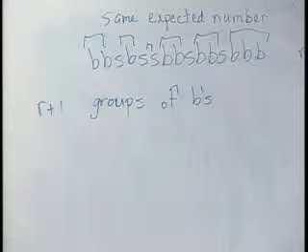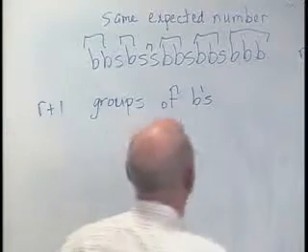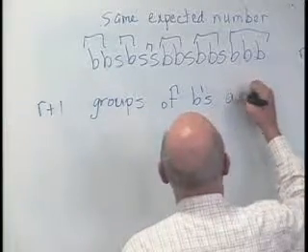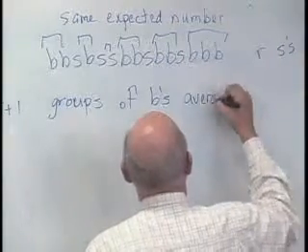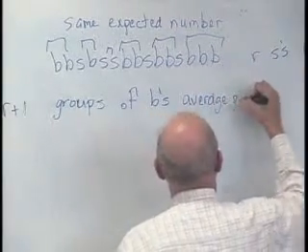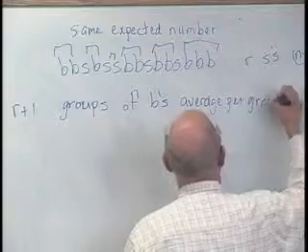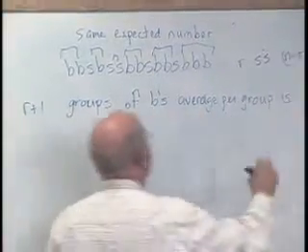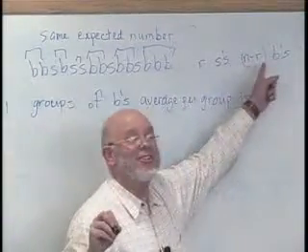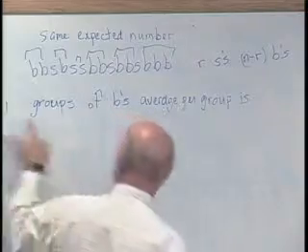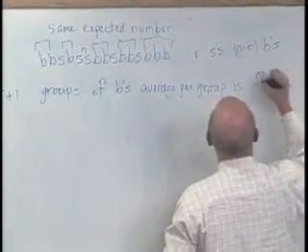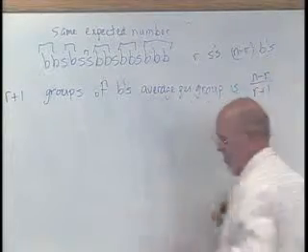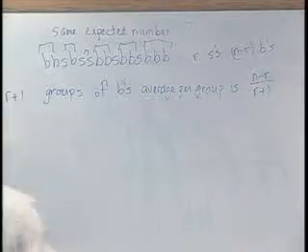And now we're more or less done. The average per group is, well, if you take N minus R B's and break them up into R plus 1 groups, the expected size of a group is N minus R over R plus 1.